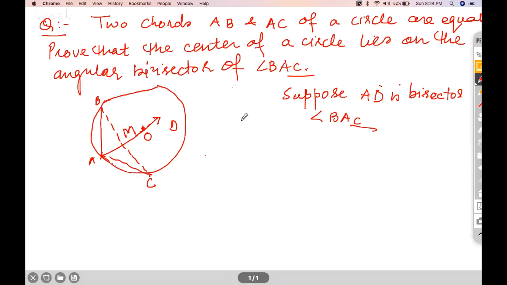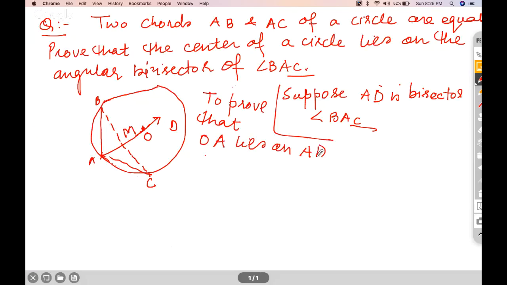So what happens is I have to prove that OA lies on AD. This I have to prove, that OA lies on AD.